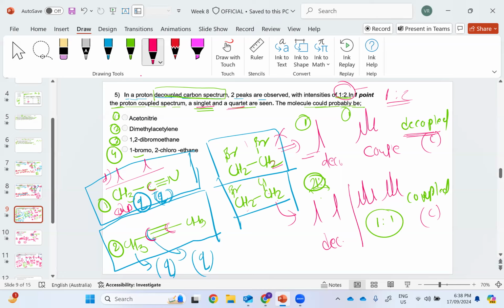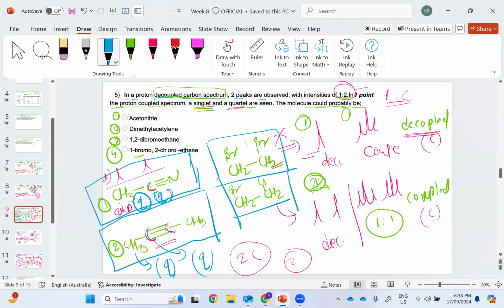And if you look at the intensity, the signal for this carbon will be due to two carbons, this terminal CH3, and this signal also due to the two carbons. So this kind of splitting will be observed for this one.